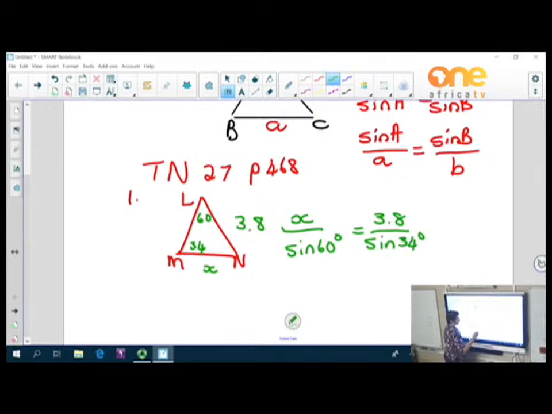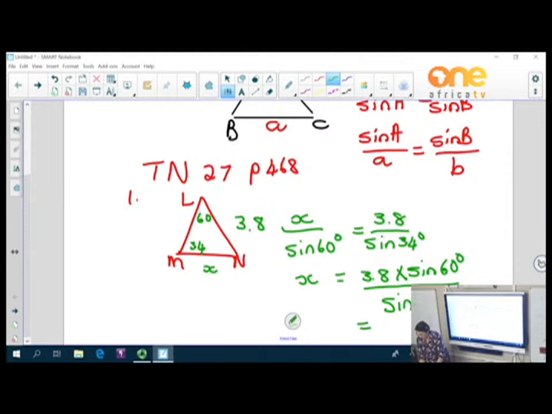Now to calculate it, we do it with algebra. I want to find x, so this is going to be 3.8. To get x alone, I will multiply by sine 60. What I do on the one side, I do on the other side, and then we divide by sine 34 degrees. That's then just the calculation we're going to do on our calculators.